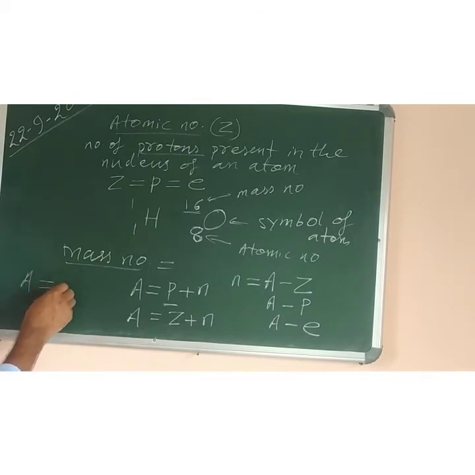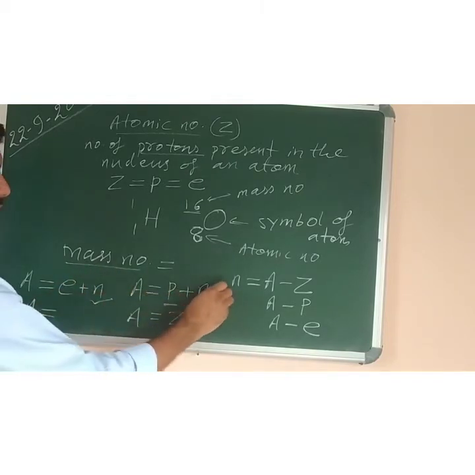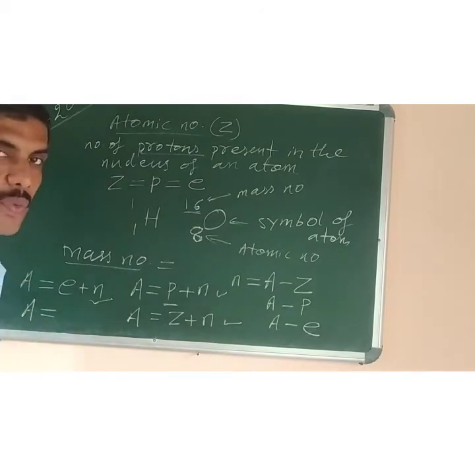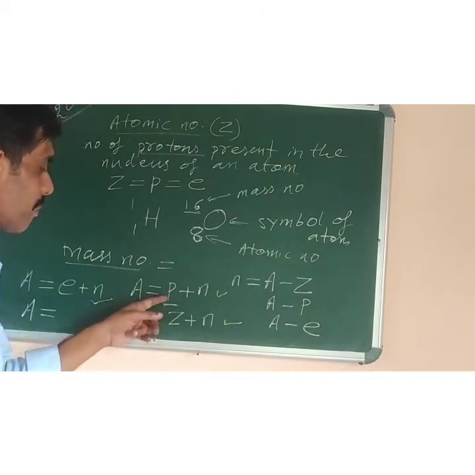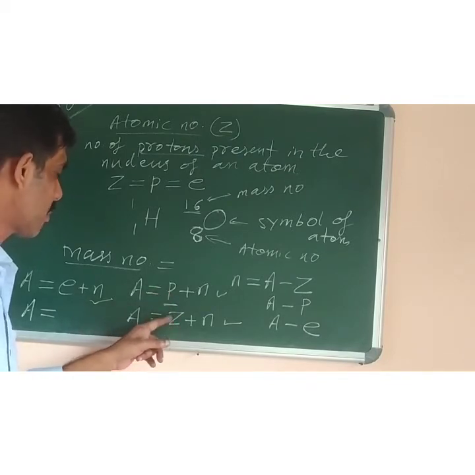Mass number is equal to number of protons plus neutrons, or electrons plus neutrons. Why? Because protons and electrons are same. So all three we can write in different ways, because number of protons is equal to atomic number Z, which is equal to number of electrons.